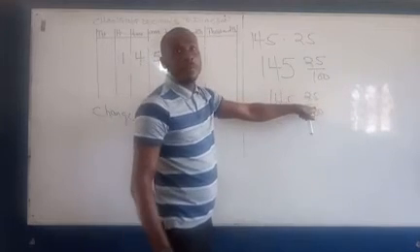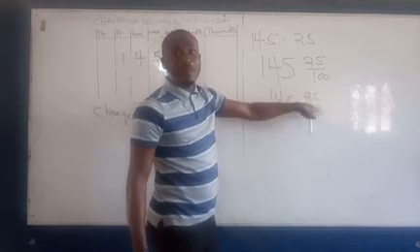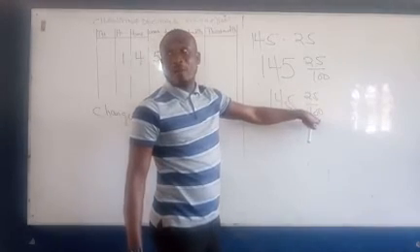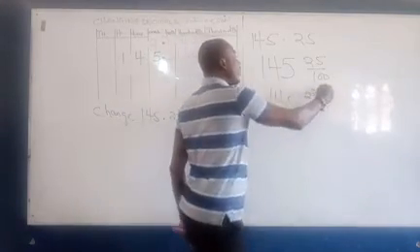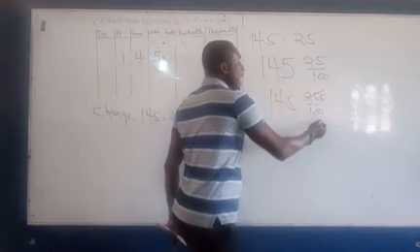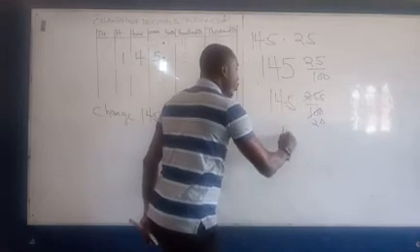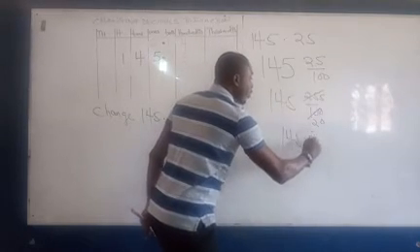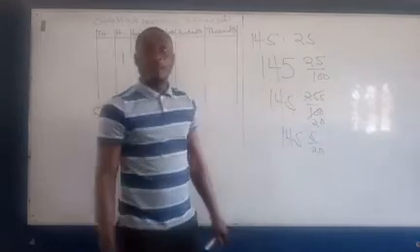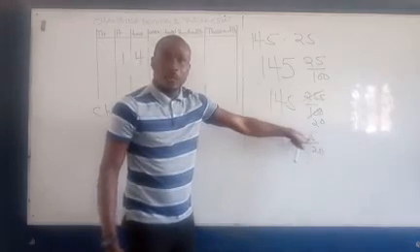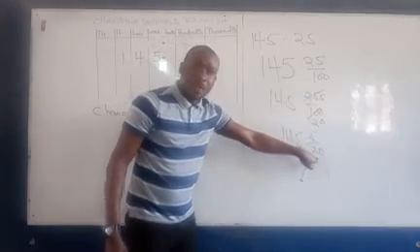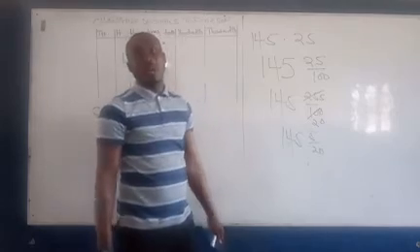This one ends with 5, this one ends with 0. So what number? 5. How many groups of 5 in 25? 5. How many groups of 5 will be 100? 20. So we have 145, 5 out of 20. Our numerator ends with 5. The denominator ends with 0, which is 20.